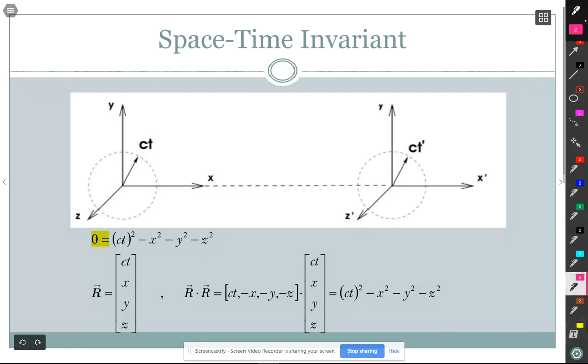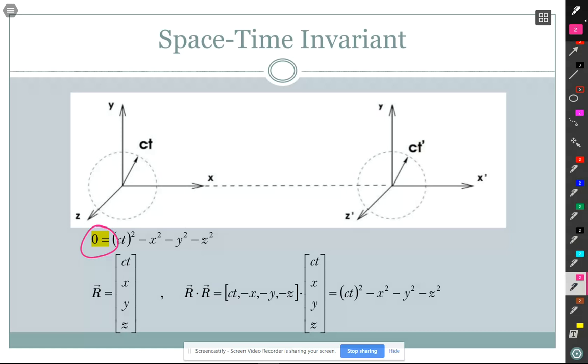Now, the radius squared minus radius squared actually is what that was, is the space-time invariant. And no, I'm not going to ask you what the space-time invariant was, but that was one of our space-time invariants, which we got from saying the radius for light moving out from a point can be calculated using time, radius is equal to ct, or using the Pythagorean theorem, radius is square root of x squared plus y squared plus z squared.